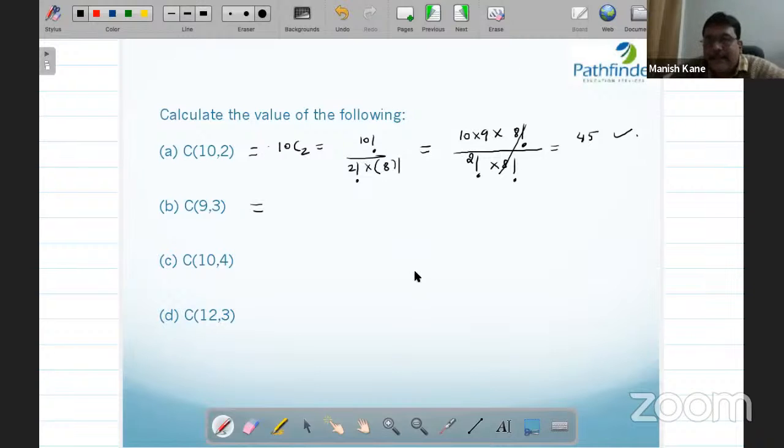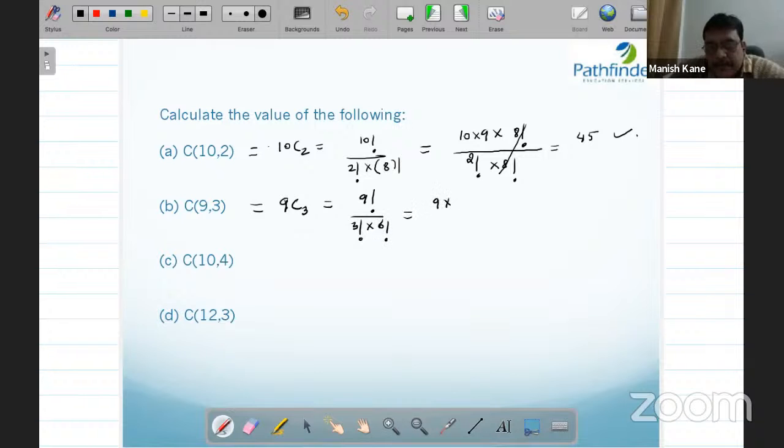Yes, 9C3. How will you calculate 9C3? 9C3 is factorial 9 upon factorial 3 into factorial 9 minus 3, that is factorial 6.